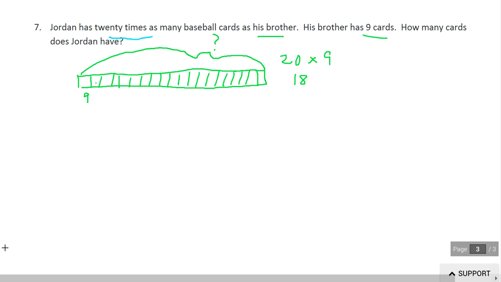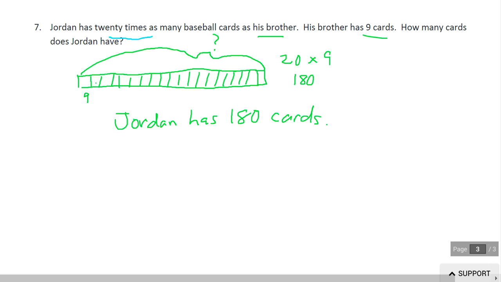What's 18 tens? That's 180. So it's 180 cards. We put this in the form: Jordan has 180 cards.